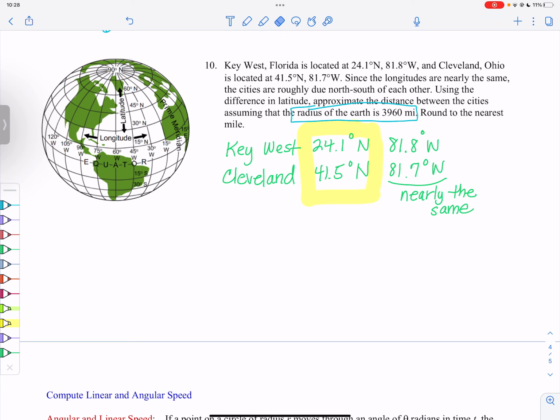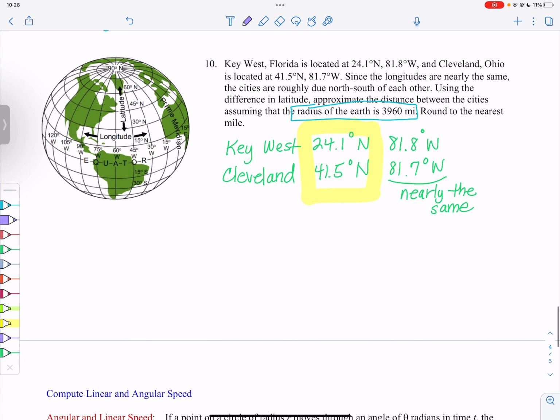Okay, so what are we going to do? Let's go ahead and subtract them. So we have 41.5 degrees minus 24.1 degrees, and we'll have 17.4 degrees. Now, we need theta in radians.